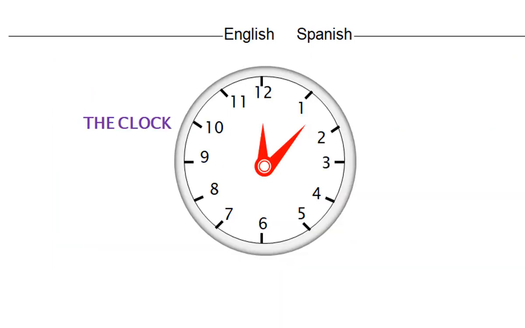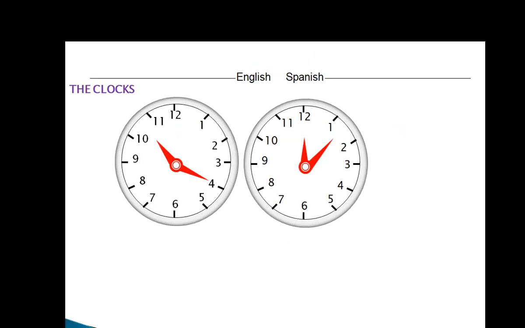All right. Next example. Yes, here's a clock and we want to say the clock. Clock in Español is known as reloj. Although there's no O, E or A out here, we know reloj is a masculine noun. So when we want to say the clock in Español, it becomes el reloj.